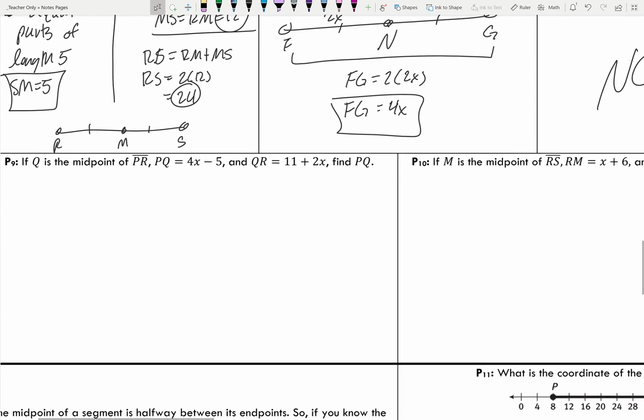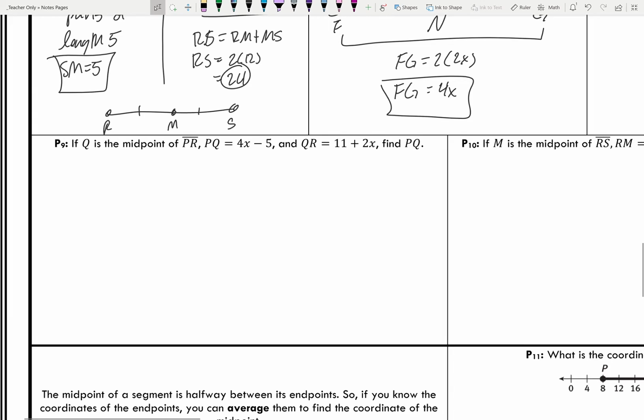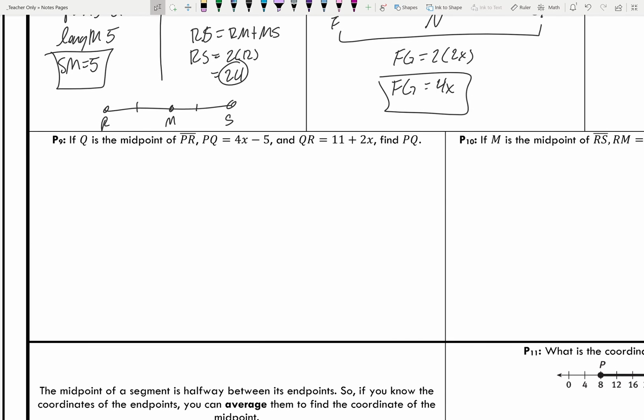Okay, now with algebra, let's move on. Number 9. If Q is the midpoint of segment PR, PQ is equal to 4x minus 5, and QR is equal to 11 plus 2x. Find PQ. Okay, so we have P and R and Q in the middle. They are congruent because Q is the midpoint.